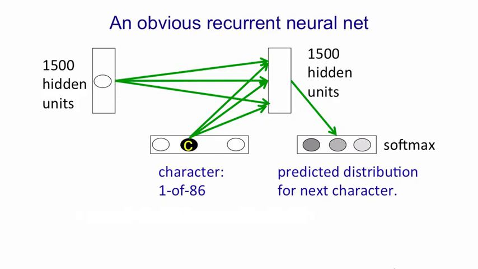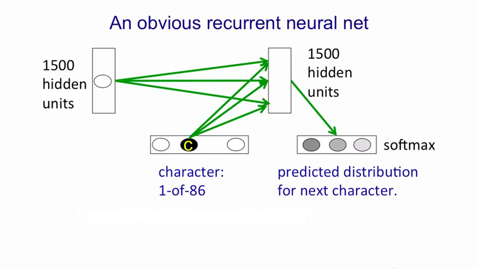So we have a single softmax over the 86 characters, and we get the hidden state to try and assign high probability to the correct next character and low probability to the others. And we train the whole system by backpropagating from that softmax the log probability of getting the correct character.